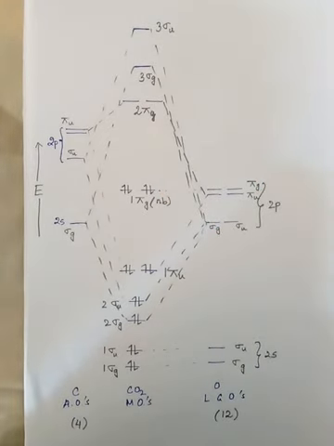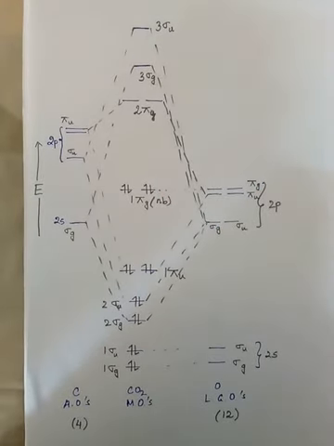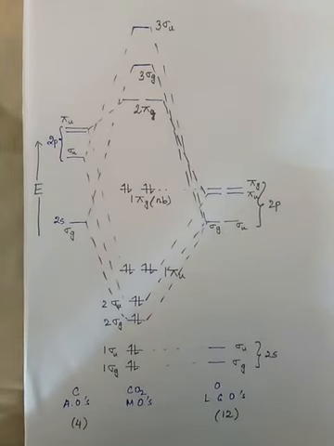Ultimately we have filled in the electrons as shown, and if we analyze this molecular orbital diagram properly, we can see that the HOMO, or highest occupied molecular orbital, is 1 pi g, which is a non-bonding orbital, and the LUMO is 2 pi g, which is an anti-bonding orbital.